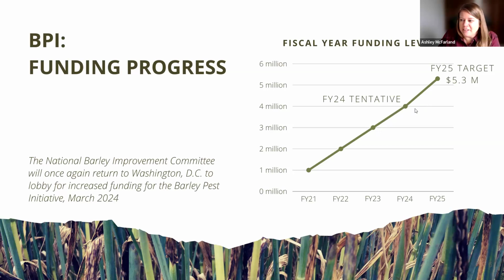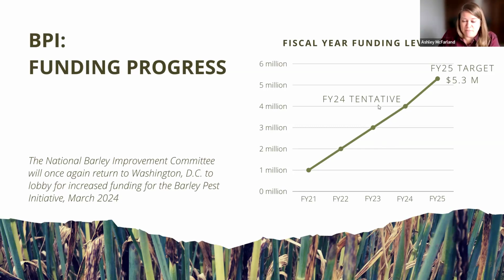But if you followed it at all, with the kind of chaos in DC right now with the budget, we are still sitting at our FY23 level of $3 million. Although for the FY24 budget that would have started last October, there was a tentative $4 million written in for both the House and the Senate proposed budgets. And so we're very hopeful that that $4 million will come to fruition.